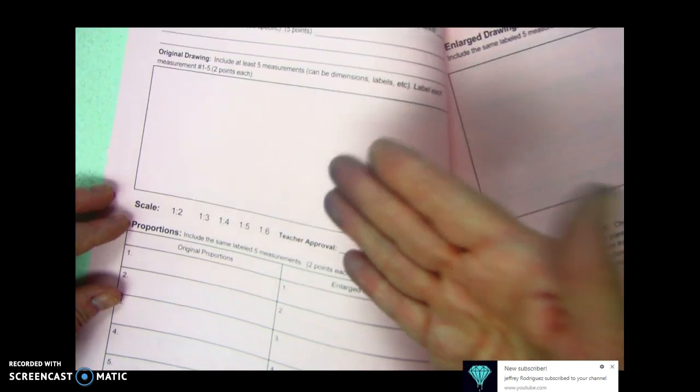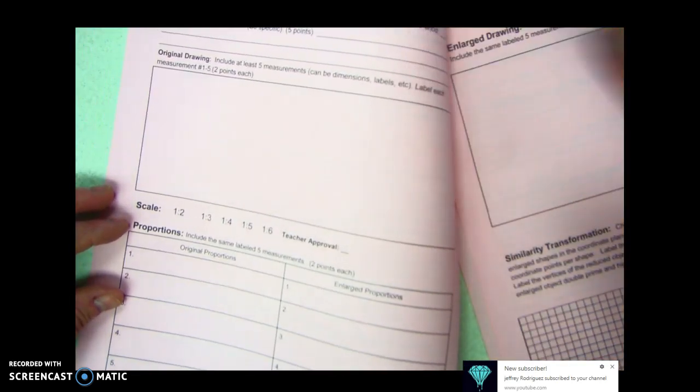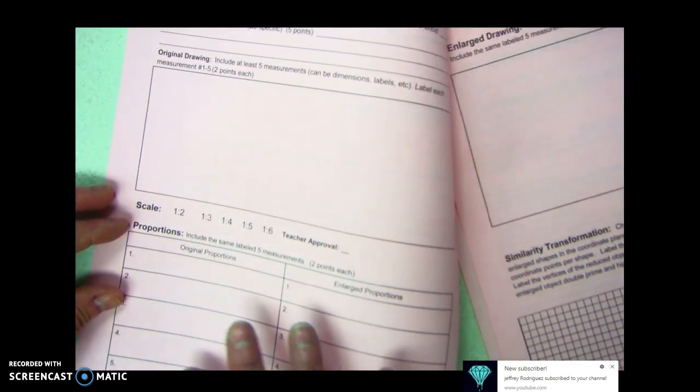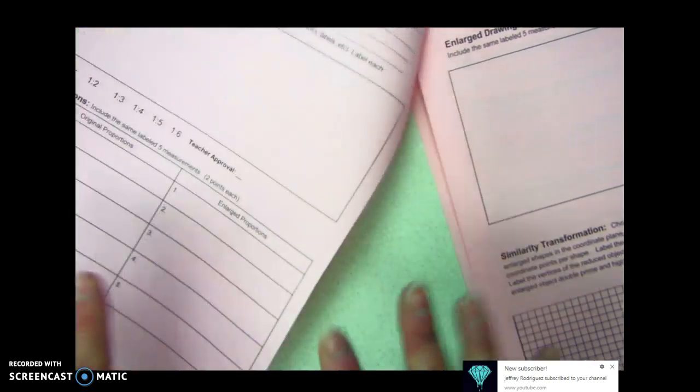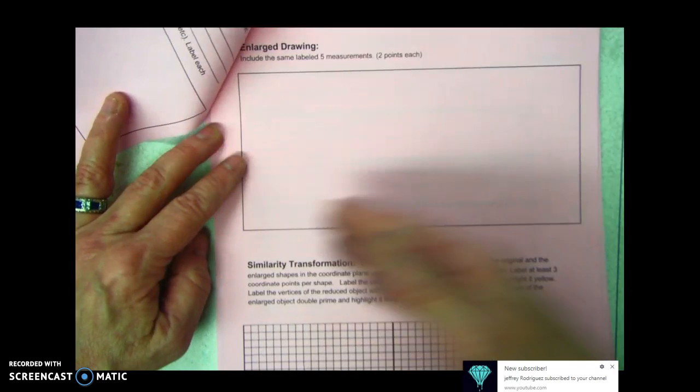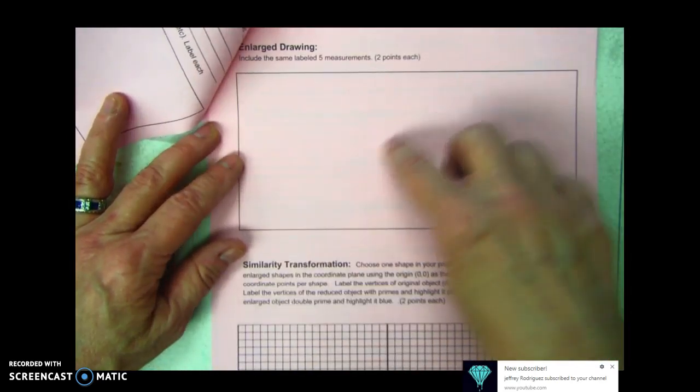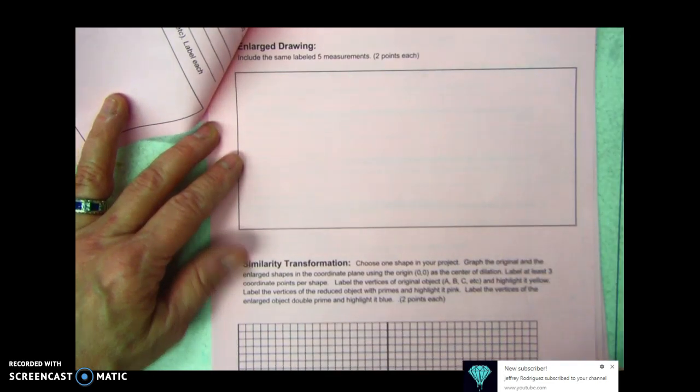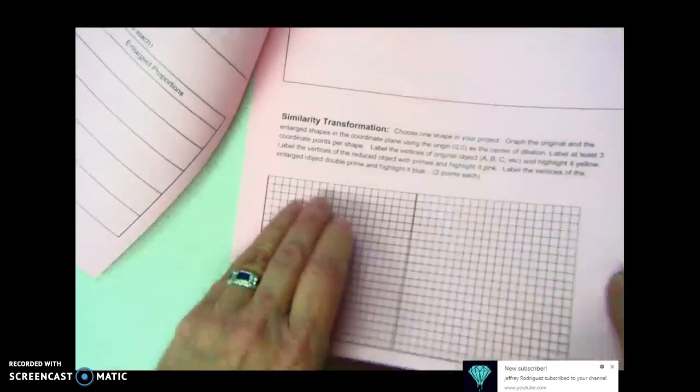I will just show you the things you're going to be doing on this. I'm not going to go into detail on this, but you will be doing the original drawing. You'll be giving your project a name. You'll be figuring out the original dimensions and getting all that down. And then you'll be doing a drawing of your enlarged project. It's going to look the same as the original, except you're going to point out what the new measurements are. A similarity transformation will be done.